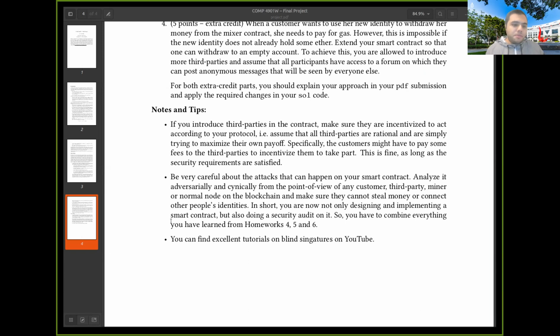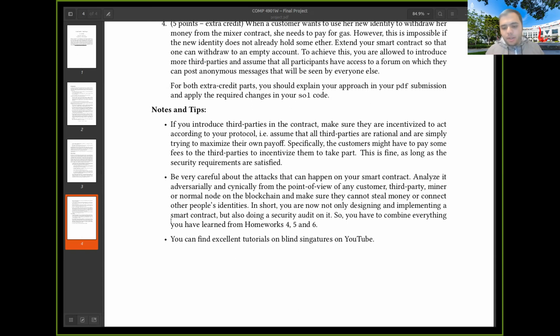Now, the definition of a malicious adversary is that they just want to hurt you, or they just want to hurt a particular user. And they don't care how much money they themselves lose in order to do this. Usually the requirement that we have is that our contracts should be safe and secure against both types of adversaries.